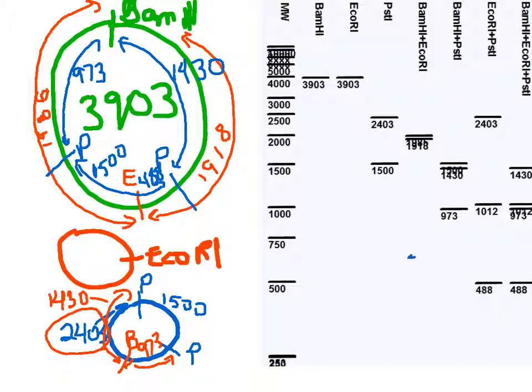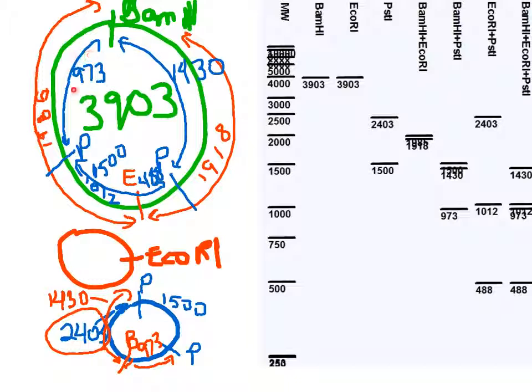So let's have a look. If this map is right, then when I do the triple digest, when I digest with all 3, I would predict just from my map that I would have a 1430 base pair fragment, a 488 base pair fragment, oh, and I forgot to write this other one, a 1012 base pair fragment, and then from PST to BAM, a 973 base pair fragment.